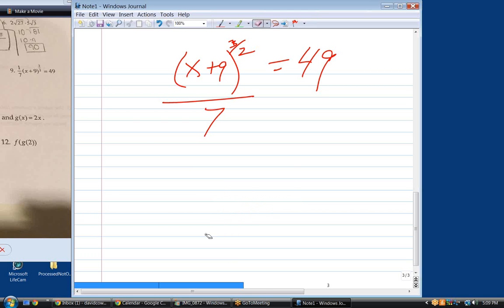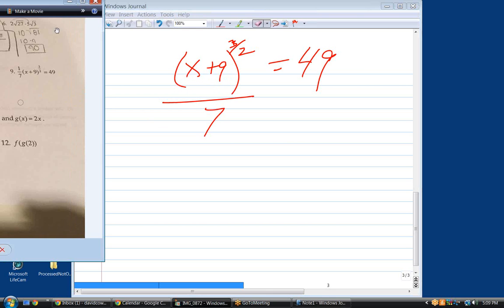So dividing by 1/7 was technically correct, but you don't want to look at it like that because it makes it seem harder. The way you want to solve algebra equations is whatever is being done, you want to do the inverse of it. This was being divided by 7, so I want to multiply by 7.